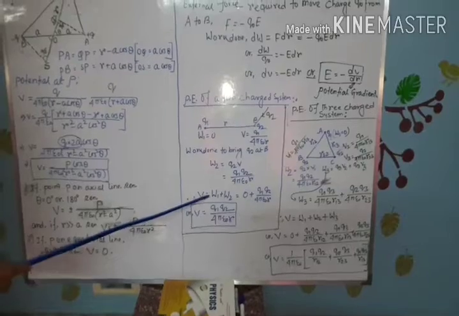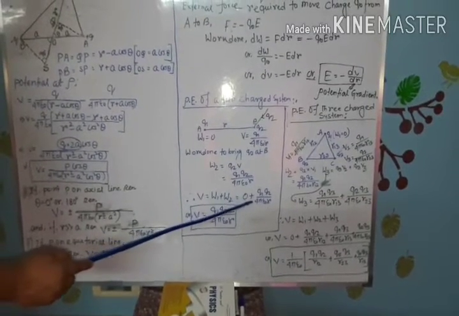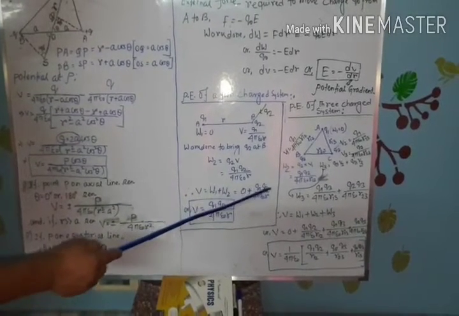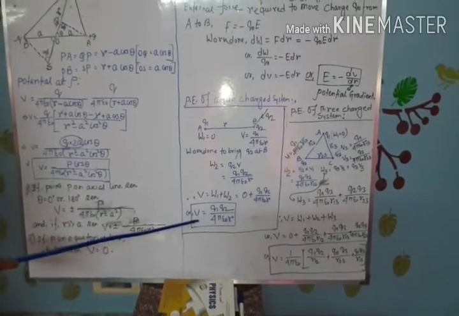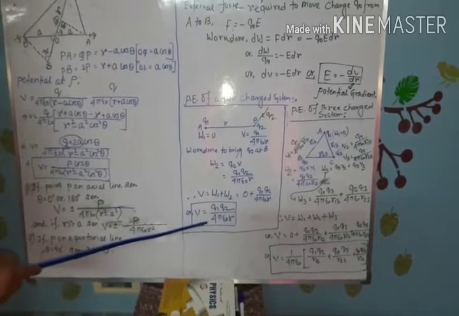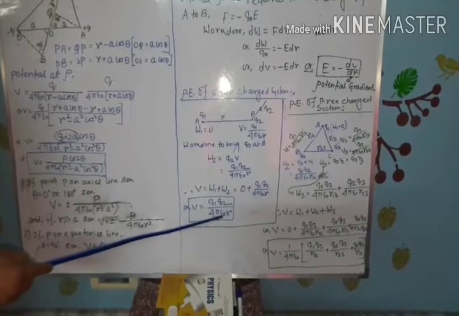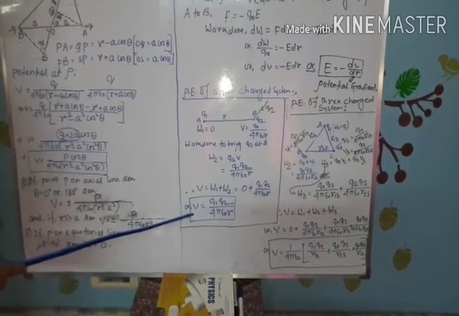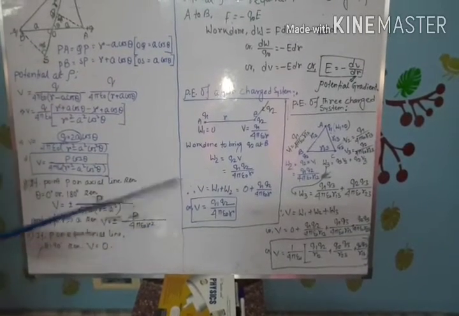So V equals W1 plus W2, which is 0 plus Q1 Q2 by 4 pi epsilon naught R, because W1 is 0. So the potential energy expression of a two-charge system is Q1 Q2 by 4 pi epsilon naught R. Remember, this V here is not the potential, it is the potential energy.